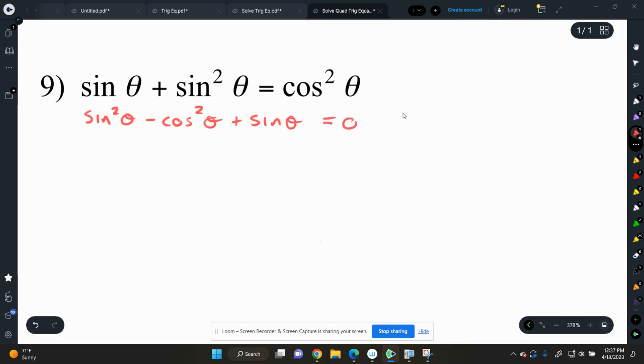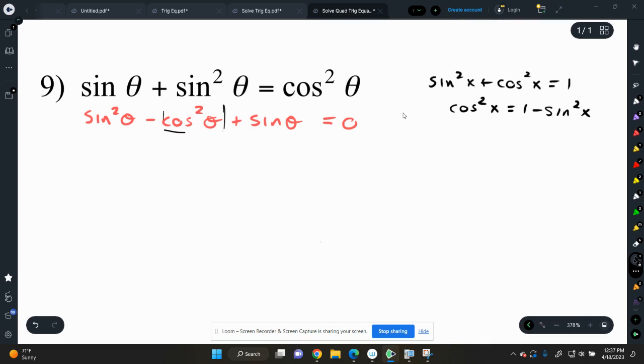So which one do you want to substitute out? The cosine, because I have everything else in sine. So sine squared plus cosine squared equals 1. So cosine squared equals 1 minus sine squared.